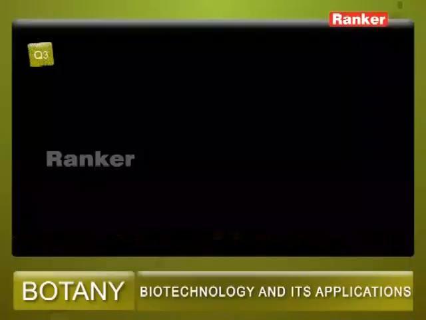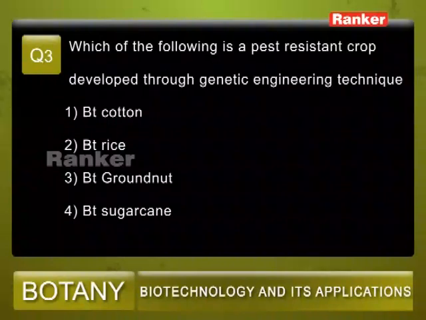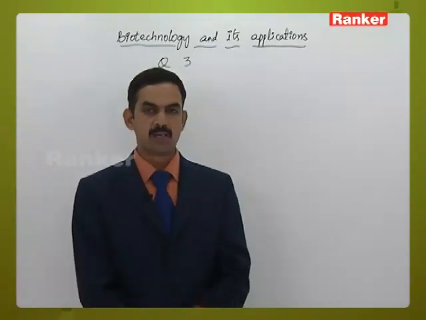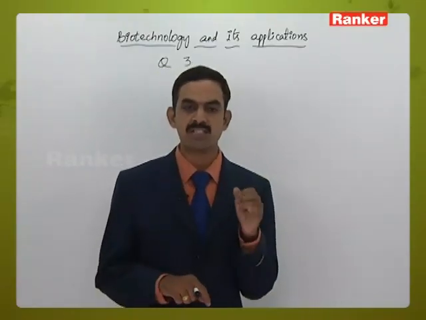Question number 3. Which of the following is a pest resistant crop developed through genetic engineering technique? Options: 1. BT cotton, 2. BT rice, 3. BT groundnut, 4. BT sugarcane. Okay, in all the options BT is common, that is Bacillus thuringiensis.